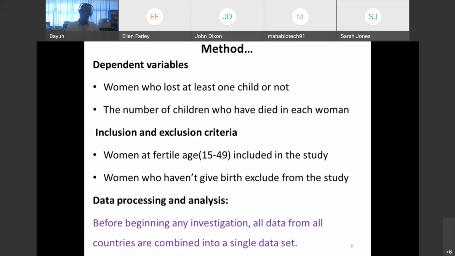In this analysis, women of fertile age, whose age is 15 to 49, are included, but women who have not given birth to at least one child are excluded from this analysis. Before any analysis, the data for the 14 countries were merged into a single data set. Then I started to analyze.